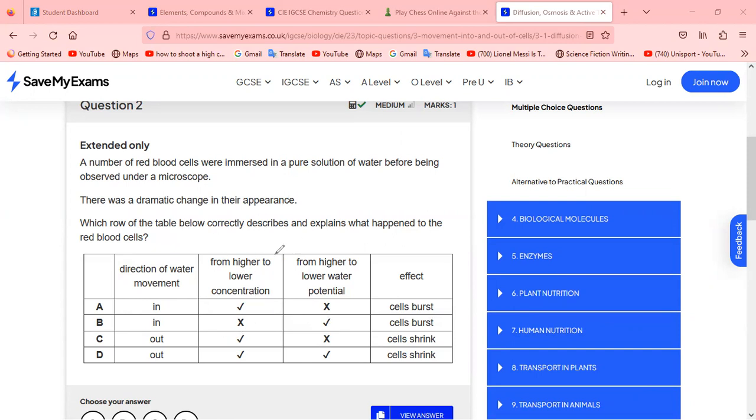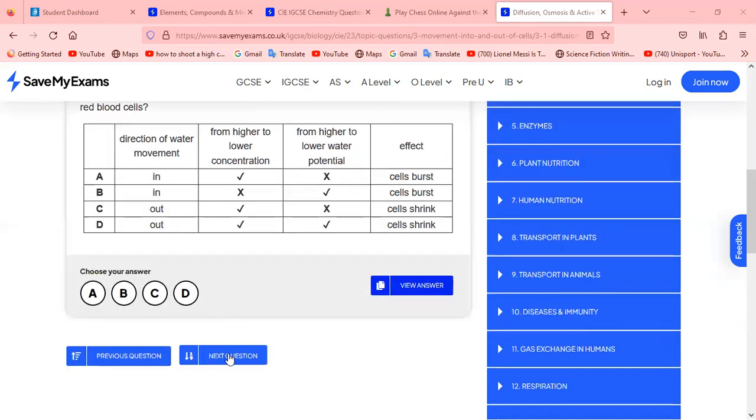From higher to lower water potential, the cell will burst. So it's B. I'm not quite sure for this one, but okay.